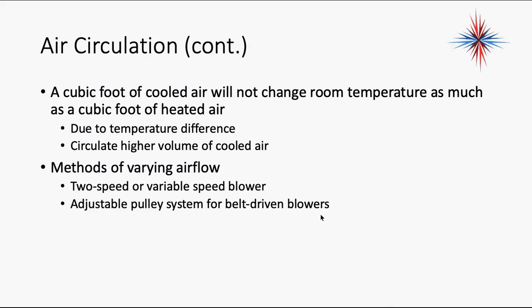We get a lot of coil freeze-ups and other problems that happen when you can't circulate enough air. So a lot of times just adding air conditioning, you add a coil to the furnace, it doesn't necessarily solve the problem. It doesn't necessarily cool properly. So it's something to be very aware of if you're ever a technician who's being asked to add air conditioning to a furnace. You have to look at the overall design of the ductwork.